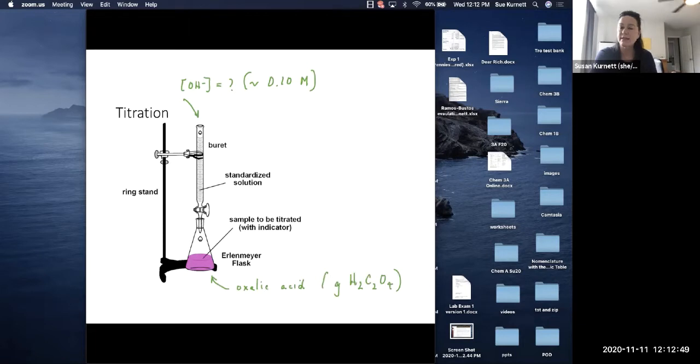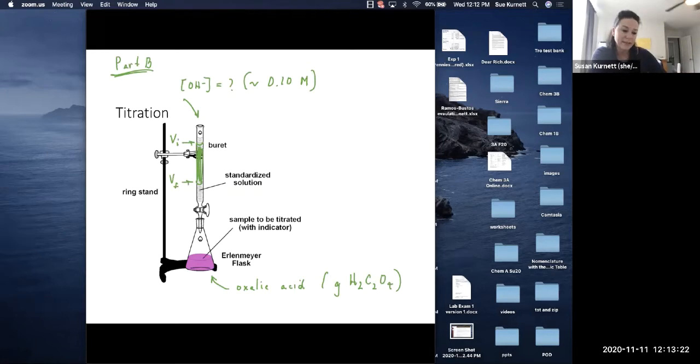And because you have acid in the flask, there would be no color. And then you would be trying to figure out by adding base to make it just barely pink, super light pink, and then subtracting your initial and final volumes. So you would be adding some base, and the goal is to figure out what the molarity of the base is. So part B, which is the data that you'll get right after you submit your pre-lab to me, is for you to figure out what the concentration of hydroxide is.